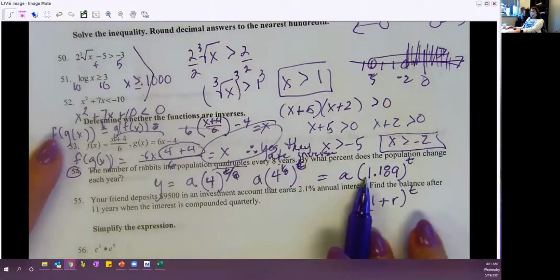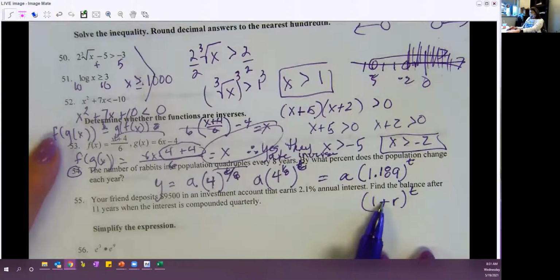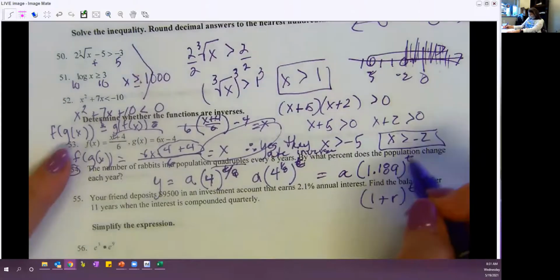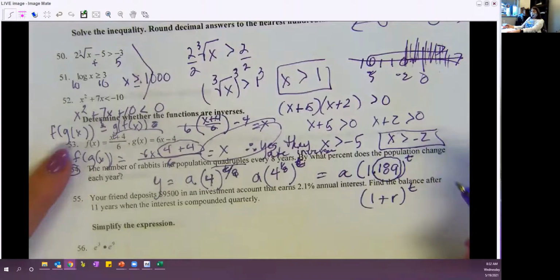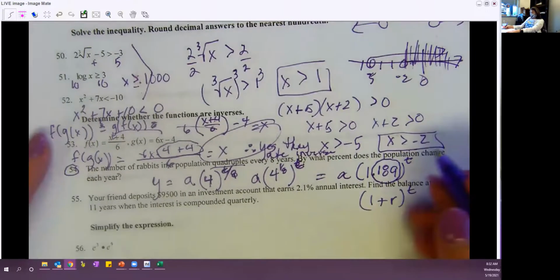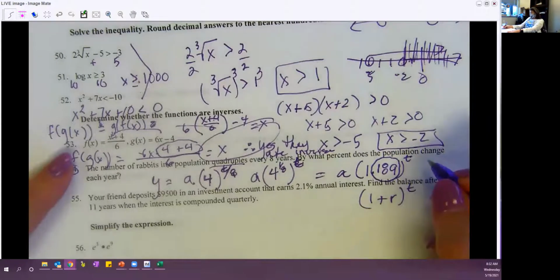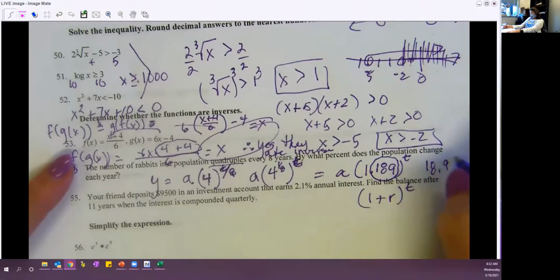Because it's growth, if it were decay, it would be 1 minus the rate, but population of rabbits is growing. So this portion right here represents your rate written as a decimal. So 0.189 is your rate, but if you want to write it as a percentage, it would be 18.9%.